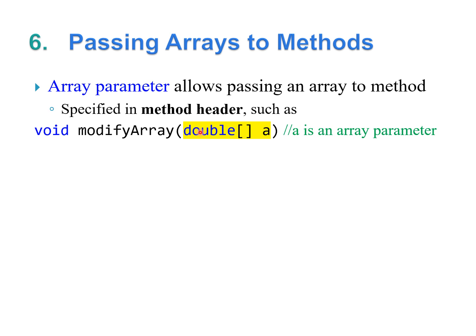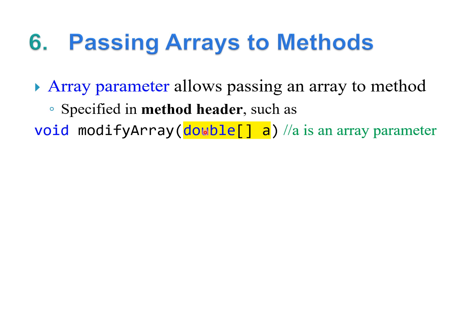An array parameter is specified by having square brackets after the array element type, such as double[]. In this example, a is an array parameter which can hold the reference to any array of double.